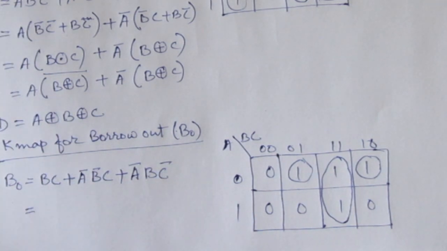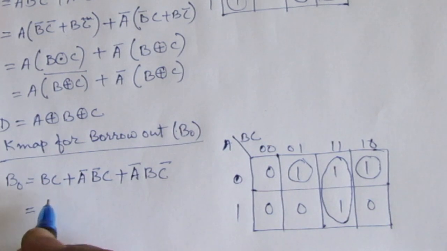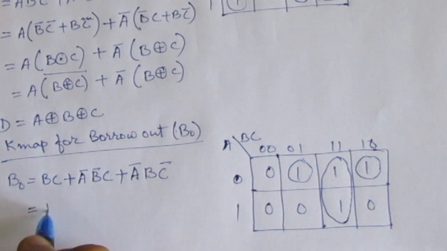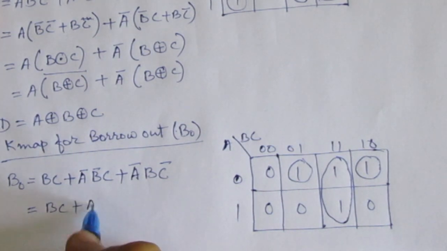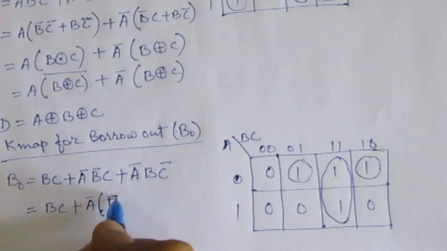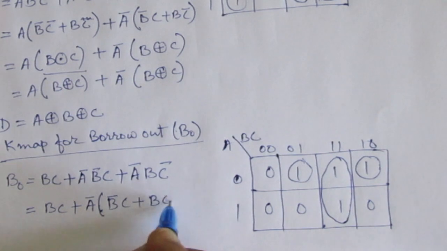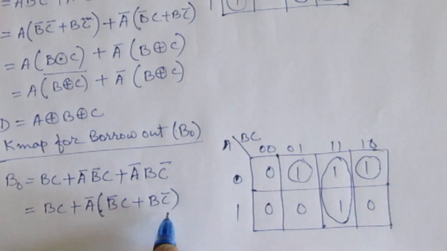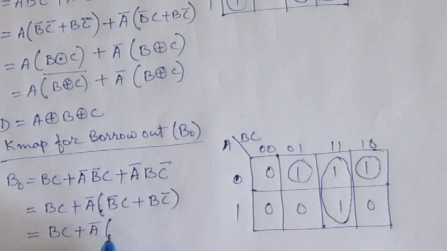We can simplify: BC plus A bar, taking common, B bar C plus BC bar. This is the expression for the XOR gate. So we can write it as BC plus A bar within bracket B XOR C.